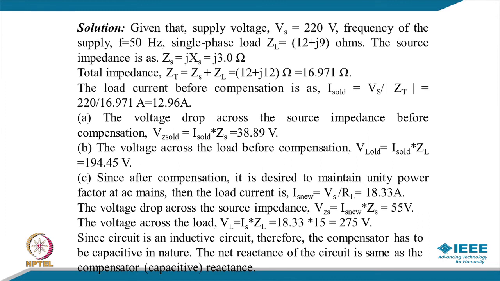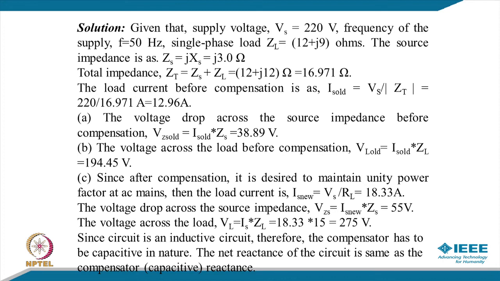Well, we can have a solution here. Given the supply voltage Vs equal to 220 volt, frequency of supply 50 hertz, and single phase load ZL equal to 12 plus j9 ohm, the source impedance is Zs equal to j3 ohm. The total impedance of the circuit is ZT equal to Zs plus ZL, that is 12 plus j12 ohm, which is 16.971 ohm, and the load current before compensation is Is old equal to Vs upon ZT, 220 divided by 16.971, equal to 12.96 ampere.